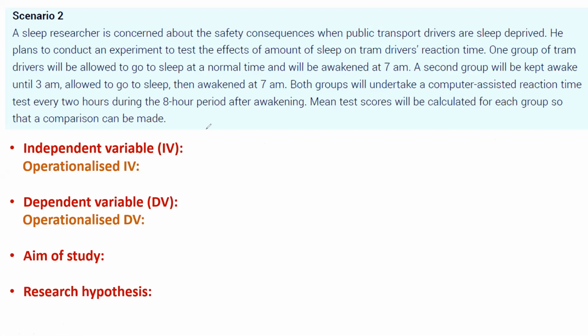Okay, so I'm going to give you guys a few seconds now just to go through the scenario again and write down what you think the IV and DV are in the chat box. I'm going to just underline a key part of the scenario that gives you a lot of that information.